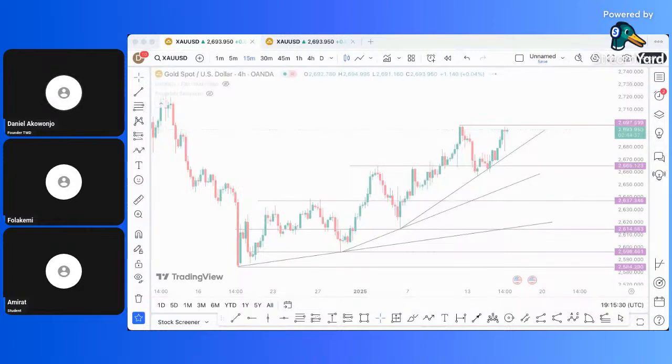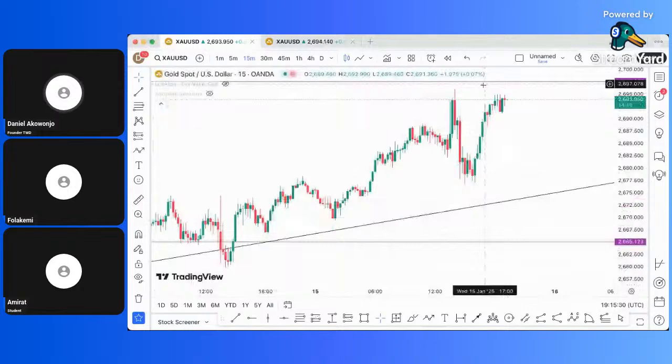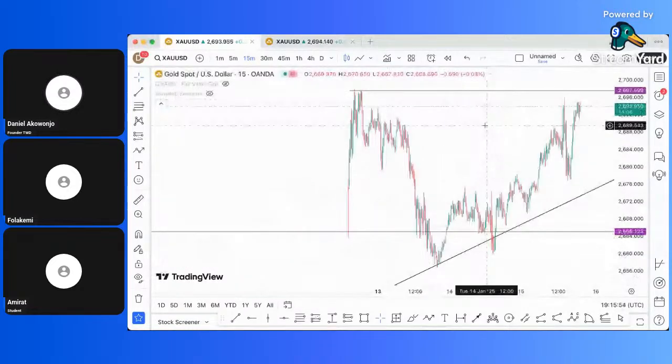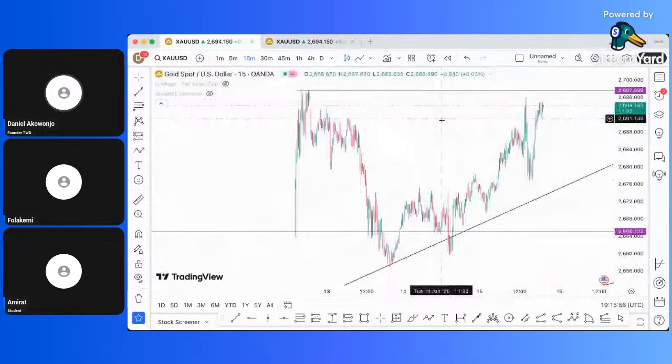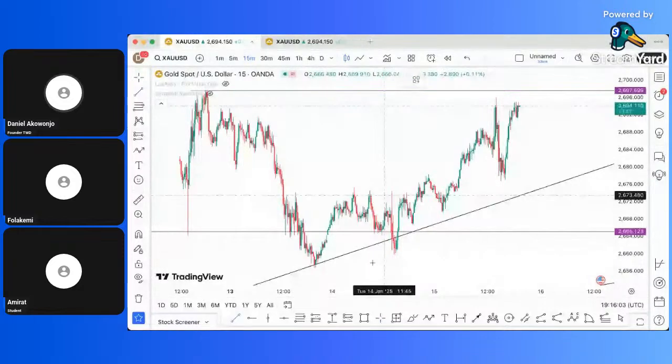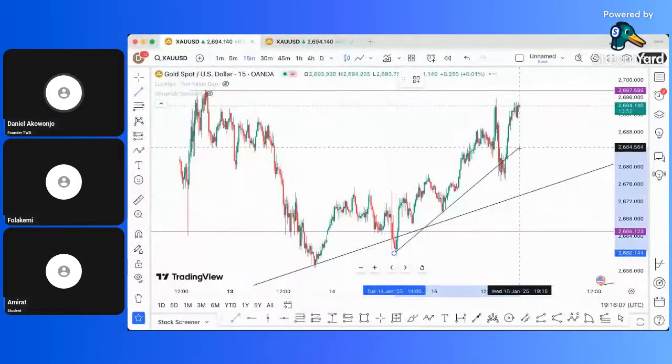So now coming to the lower time frame, which is 15 minutes, we can see that price already created other highs and lows here on the chart. So then we can easily just take our trend line and connect these lows coming together. The most visible one I can see here is what led to the news, which is this.